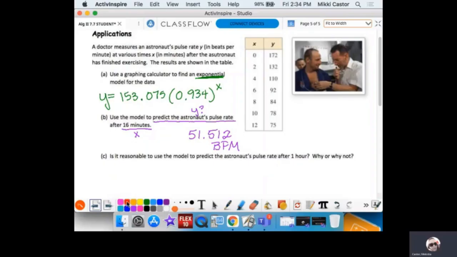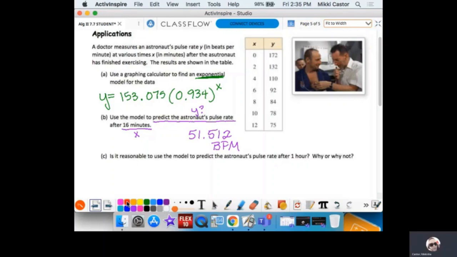All right. Last question on here. Is it reasonable to use the model to predict the astronaut's pulse rate after 1 hour? Why or why not? What you got, Ben? No, because number one, his pulse would be at 2.577 beats per minute, which is not humanly possible with a resting heart rate. Okay.